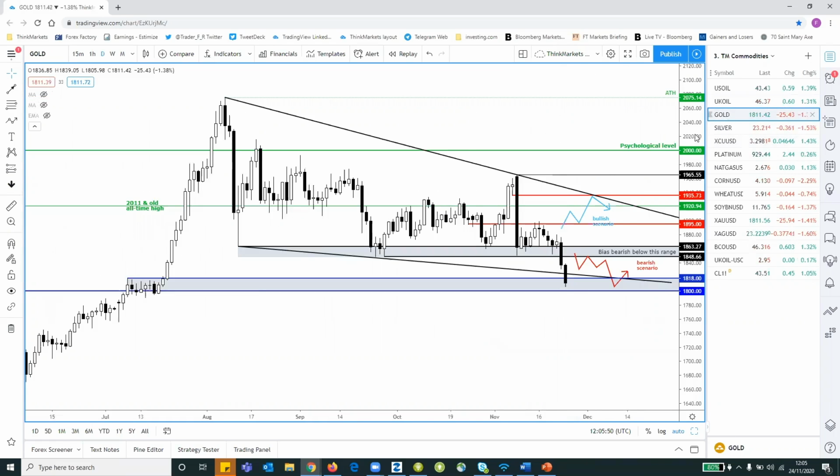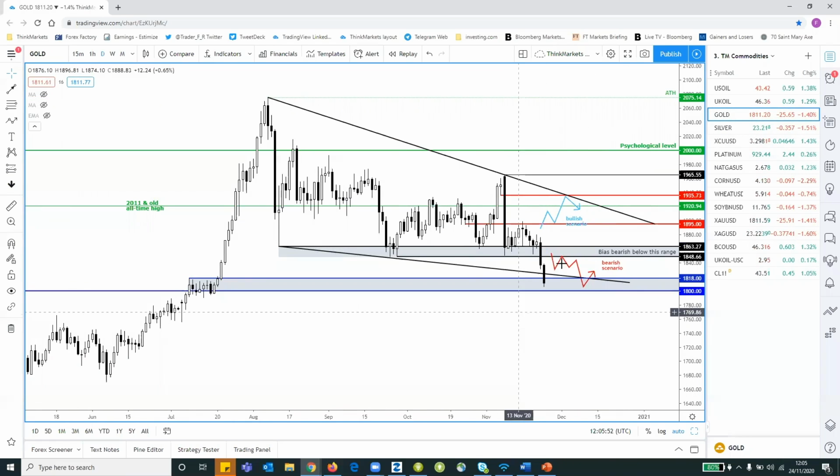Gold has been interesting. We marked out this bearish scenario in the previous webinar because it was looking really heavy. People were moving funds into racier equity markets and other risk-sensitive assets because of the vaccine news, and away from safe haven assets like gold and silver.